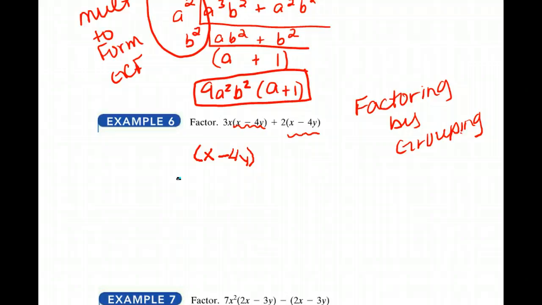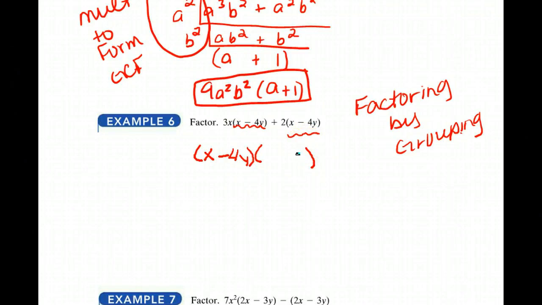Since it's a common factor, both terms have that group. The group is identical, and it's a common factor of both terms. We can use it as a GCF. So we're going to go ahead and drop it down into the next line.